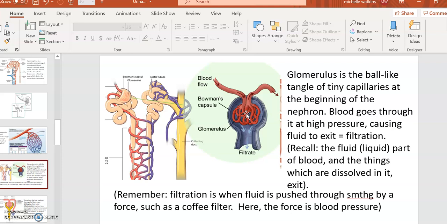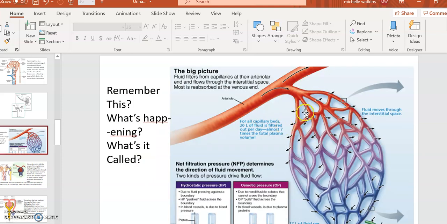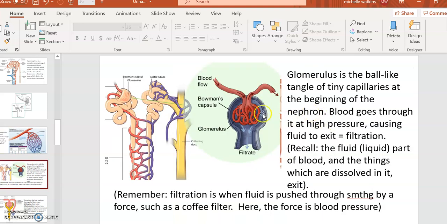And so what happens to the blood? Just as in this image, lots of the fluid portion of the blood is pushed out. The stuff that gets pushed out is called filtrate. And it gets pushed into this little surrounding capsule, this little spherical shaped thing here. And this receives it and it enters into this tubule called the nephron.